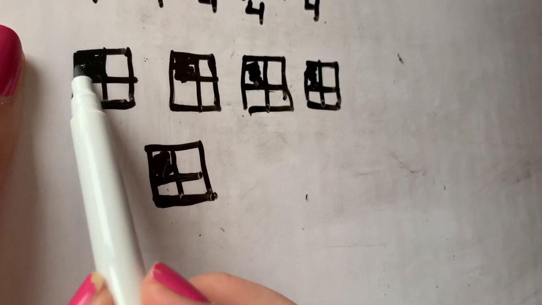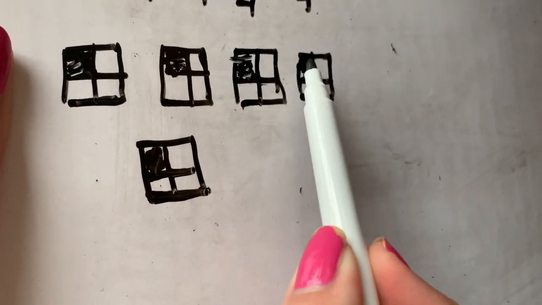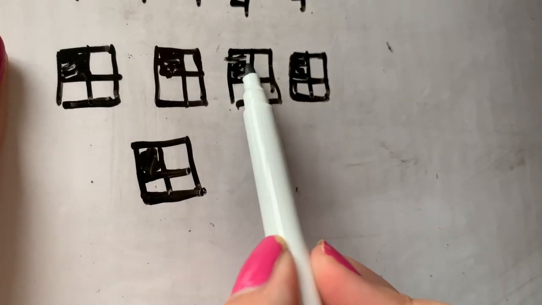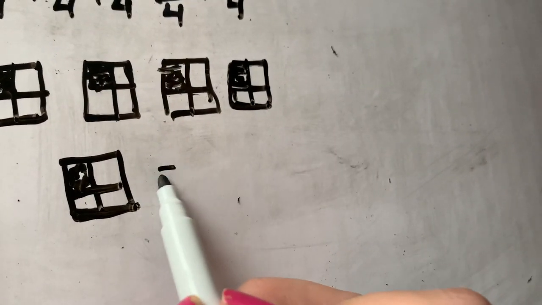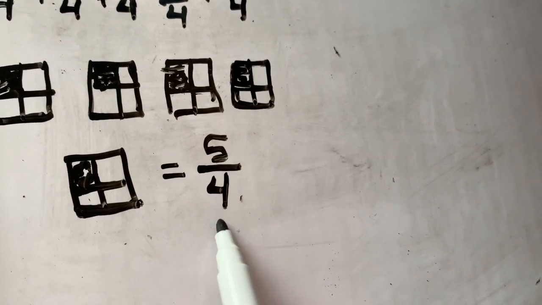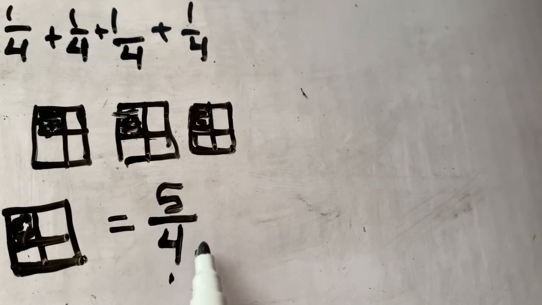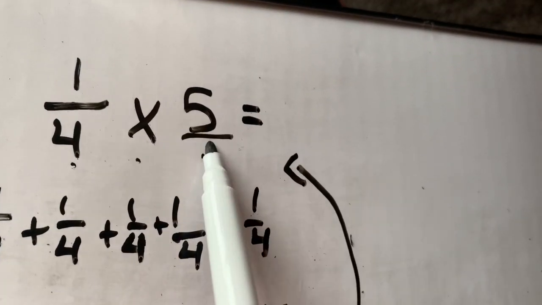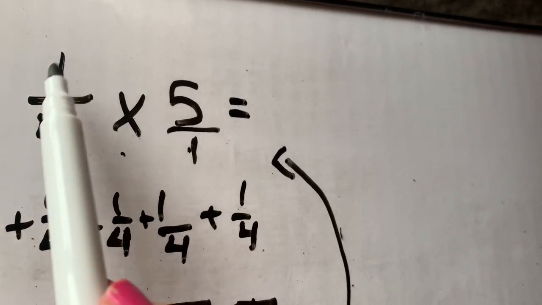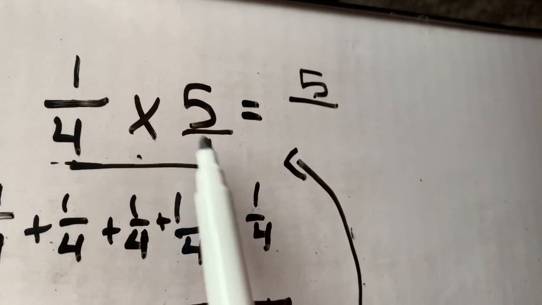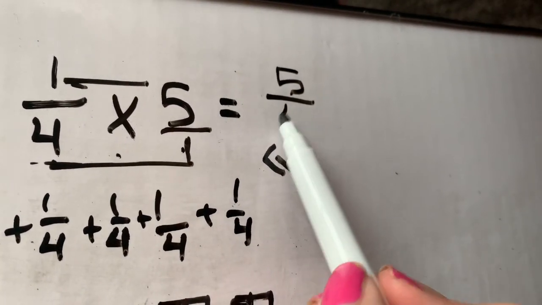1/4 times 5. We can see here, if I were to add all of the shaded parts up, because these are the parts we have, the shaded parts tell us the pieces that we have: 1, 2, 3, 4, 5. We have 5 fourths, right? Which takes us right back to where we were up here, when we put the 1 and multiplied across: 5 fourths.